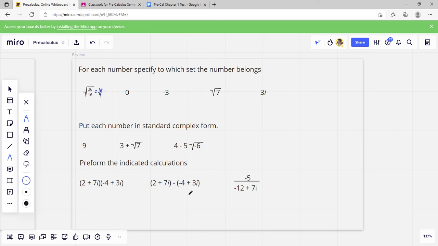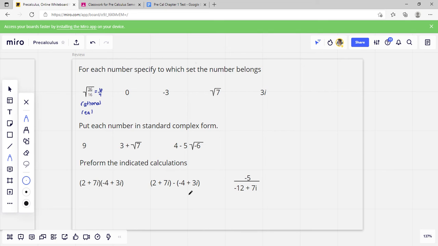That's a fraction. So it is not irrational. It's rational. And it is a real number, right? It's not an imaginary number. And that's pretty much it.